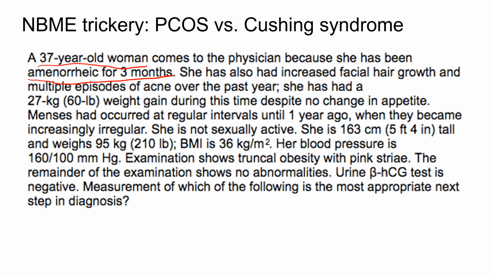And then we see increased facial hair growth, so some hirsutism, and multiple episodes of acne over the past year. So that again tells us there's increased androgens leading to hirsutism and increased acne. So again, it doesn't tell us a ton. And then we get to this point where it says that this patient has had 60 pounds of weight gain during the past 3 months.